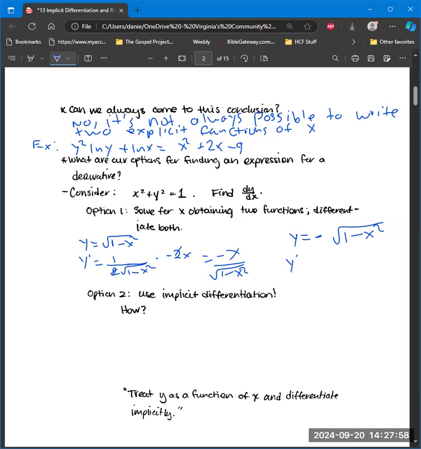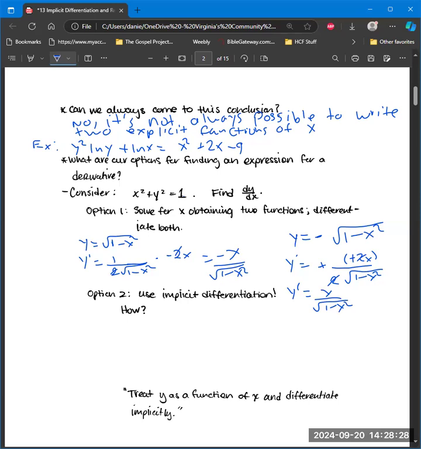And y prime here is a negative 1/2 root 1 minus x squared times a negative 2x. Negative negative is a positive. y prime is going to be x over root 1 minus x squared.